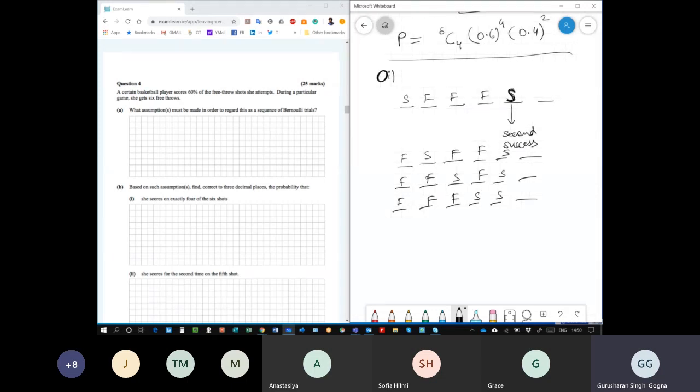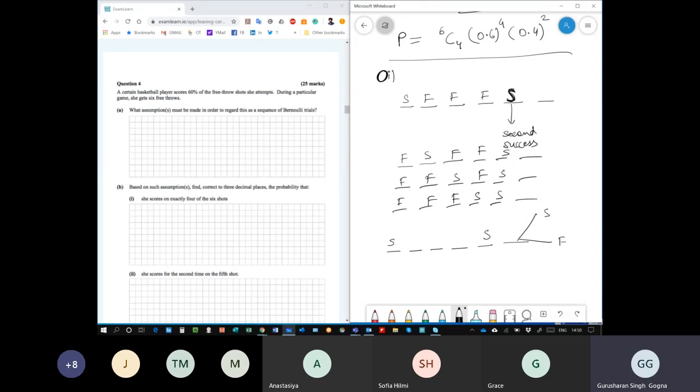So she scores for the second time on the 5th shot. First what you need to do is find out the probability. So what will happen to the last shot then? Let's take an example. This is the 5th shot, which is a success. Let's say she got success here, and the last shot can be a success or failure, because she scores for the second time on the 5th shot.